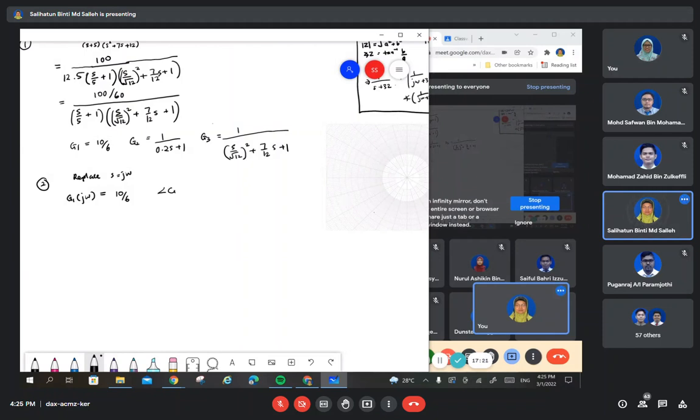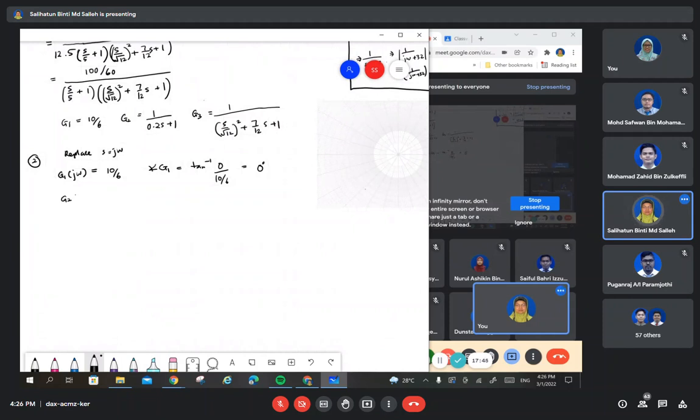How about the angle of G1? It equals arctangent of 0 divided by this value, so you have 0.